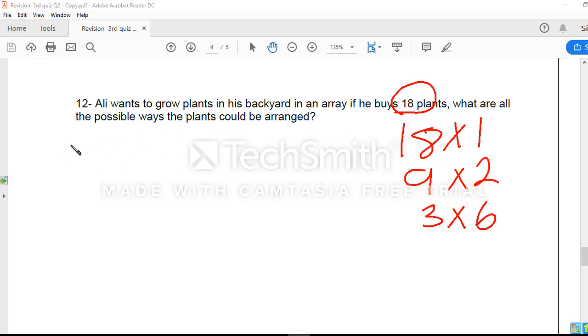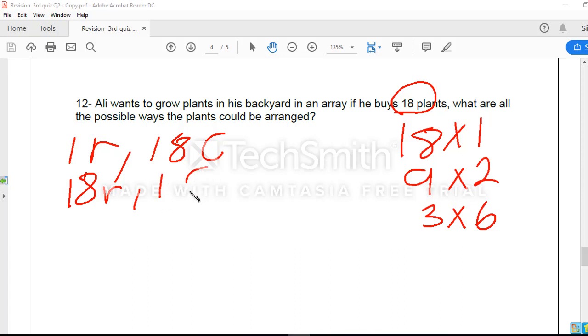answers. So what you have to tell us here is that you can do it as one row and 18 columns, like this: 1 row, R for row, comma, 18 columns, or the other, 18 rows, comma, 1 column.